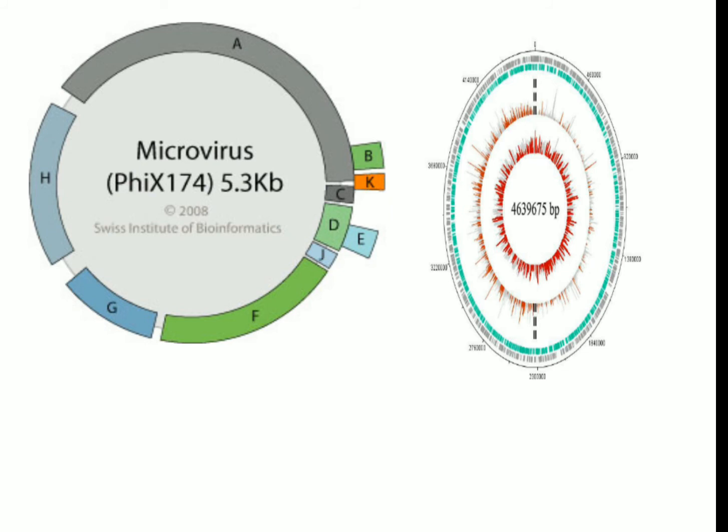Escherichia coli has 4.6 × 10^6 base pairs. And the haploid content of human DNA is about 3.3 × 10^9 base pairs. This is the haploid content, and doubling it will give the diploid content.